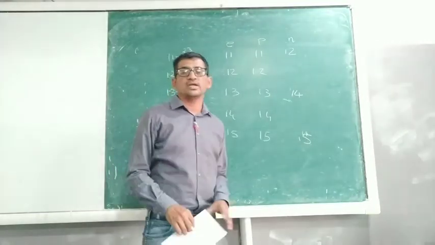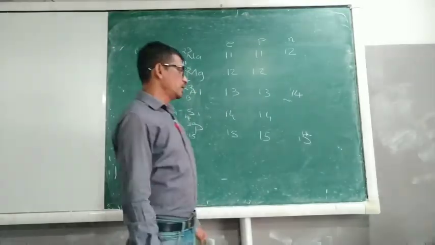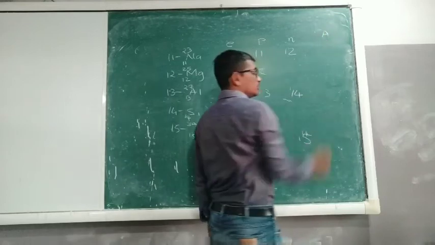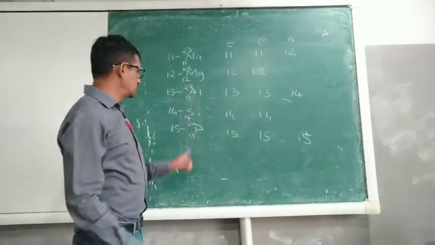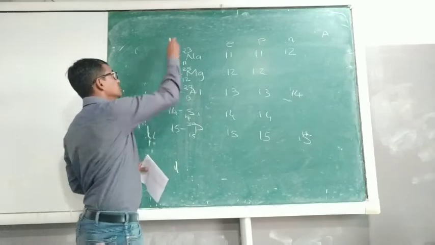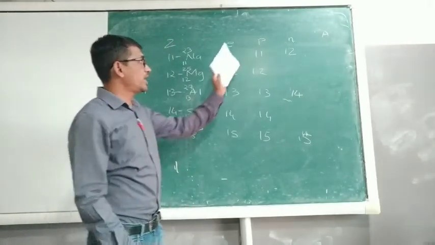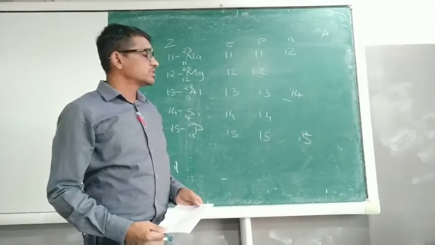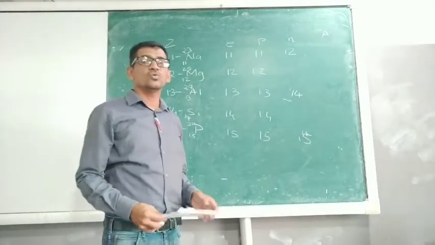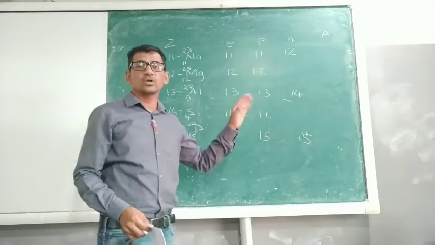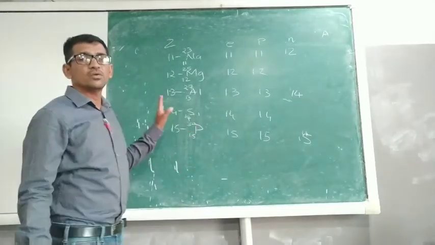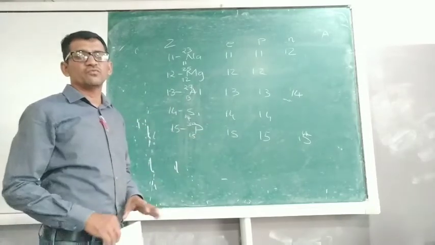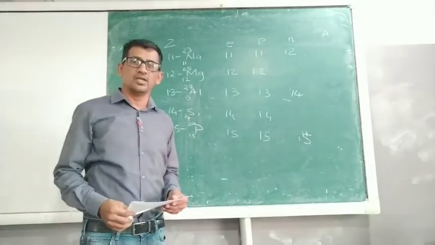Proton plus neutron gives the atomic mass number A. Remember this: proton plus neutron, then atomic mass number A. And atomic number is nothing but Z. Whatever the addition of P plus N, that is equal to atomic mass number A. So in this way you have to find protons, neutrons and electrons in a particular element. If you know the atomic number and mass number, then you can find the protons, neutrons and electrons.